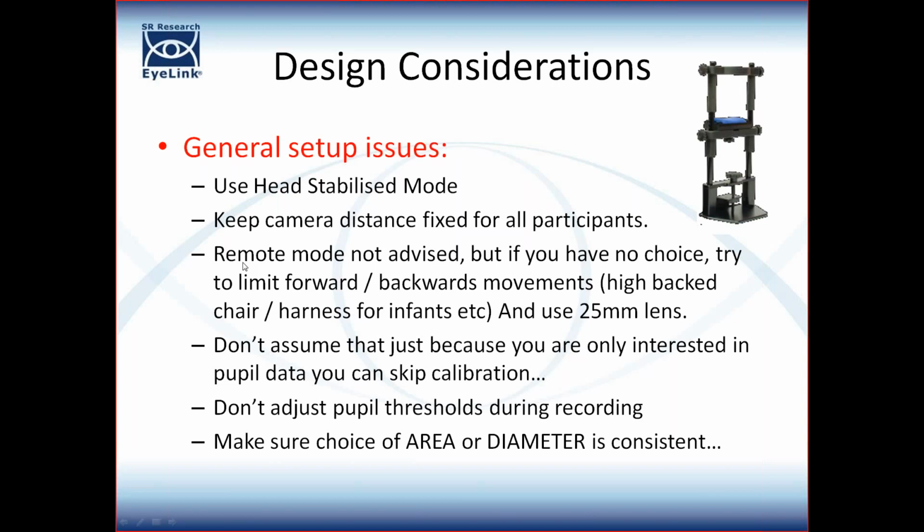Remote mode is not advised, mainly because in remote mode people are free to move their heads, and they could easily move their heads closer, further away from the camera. Now obviously this would make the pupil appear larger or smaller on the camera screen, which would impact on your pupil area measure.